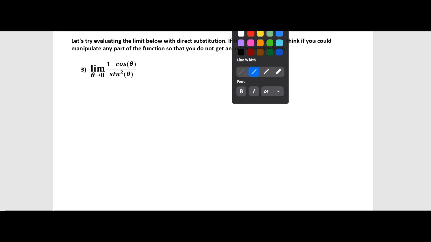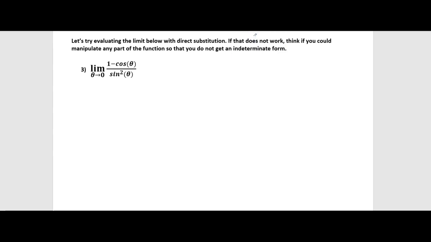Okay, once you've taken a shot, I am going to show you what I would attempt first. If we notice our denominator right here, that is part of the Pythagorean identity, right? So we have sine squared of theta plus cosine squared of theta is equal to 1.